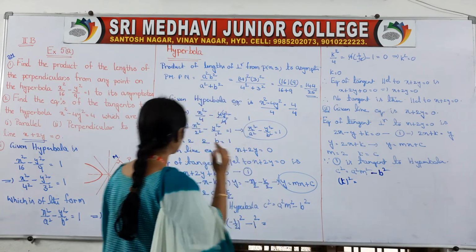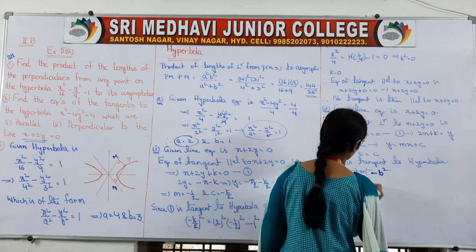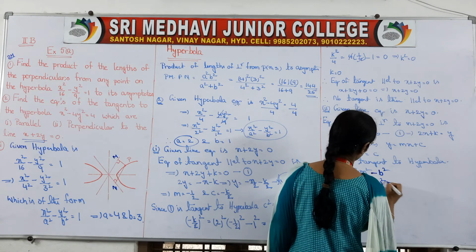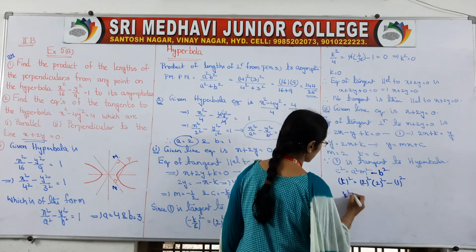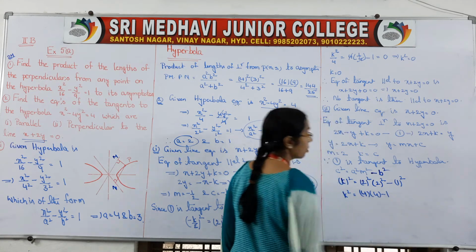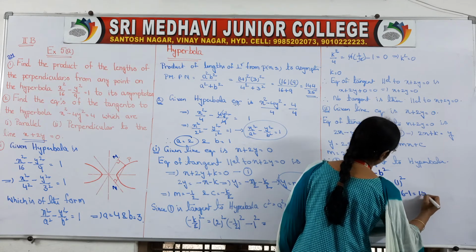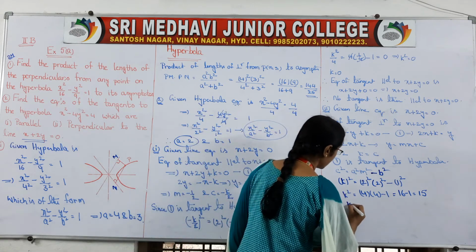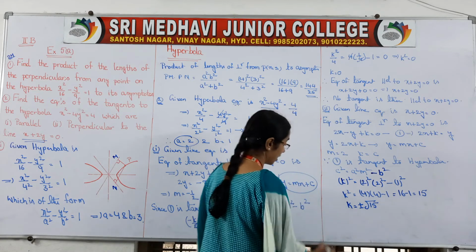In the beginning we got a is equal to 2. So it is 2 square, and m is also 2, m square, minus b is 1 square. So k square is equal to 2 square is 4, 4 into 4 is 16, minus 1, that is 15. Okay. So what is your k then? k is equal to plus or minus root 15.